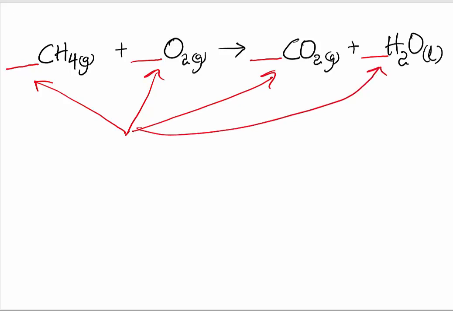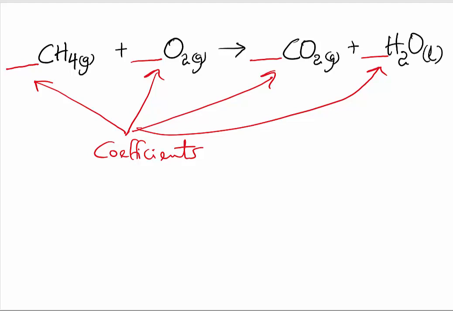These numbers are called coefficients. So we will use appropriate coefficients to make sure that the total number of atoms on the reactant side of the equation is equal to the total number of atoms on the product side of the equation. What do I mean? Let us try to balance this equation.